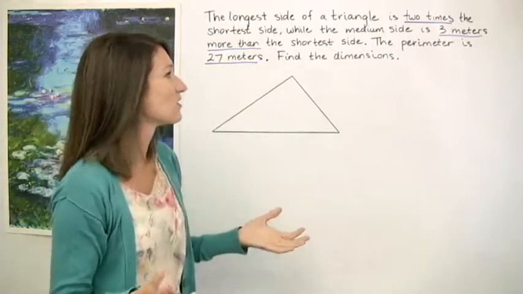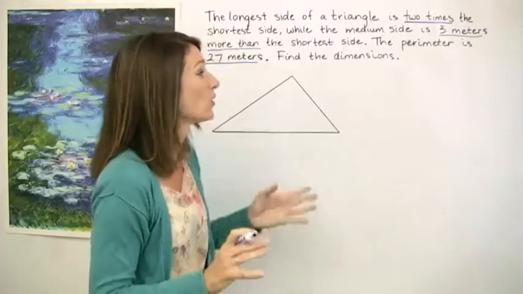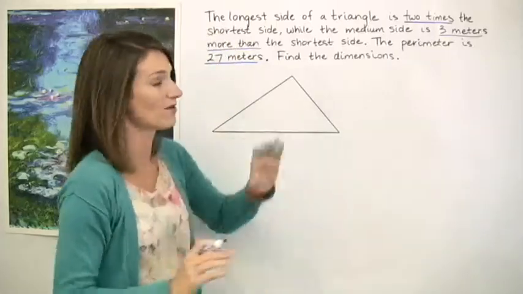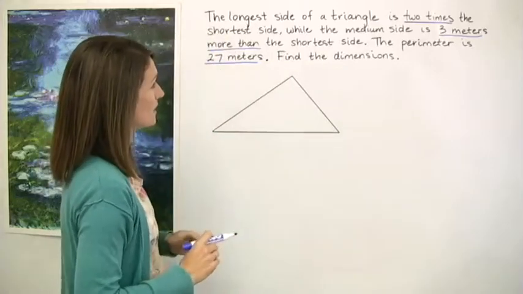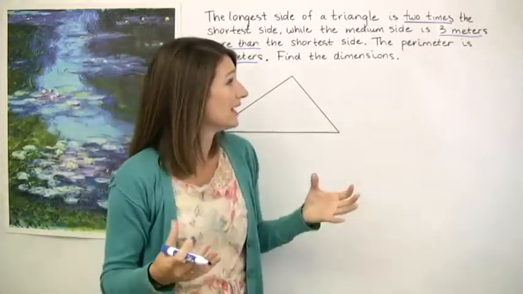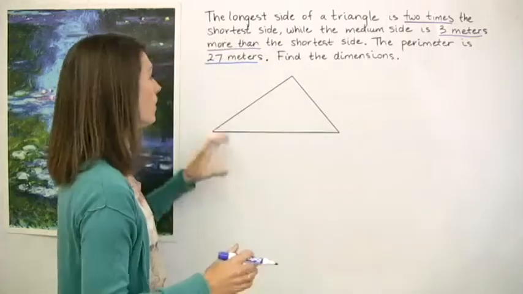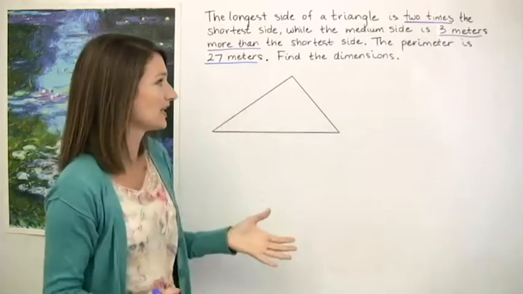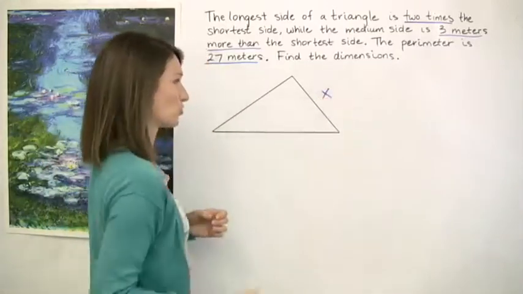So first, let's start with our second step in our blueprint, and we're going to assign a variable to one of our unknowns. So looking at the information that the problem presented, we don't know any information about that shortest side except for the other sides and how they relate. And so let's assign our variable x to our shortest side.